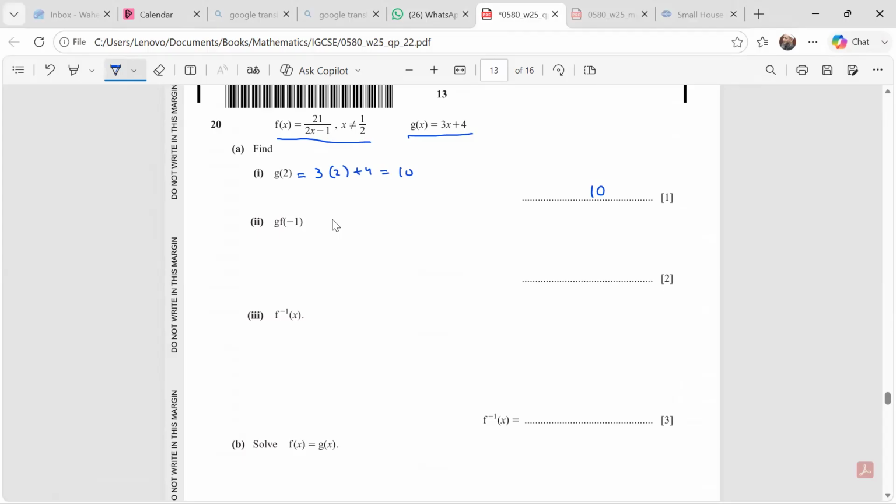Now this is g of f of minus 1. What does it mean? I would write it as f of minus 1, and whatever the answer for this one, we apply the function g on it. The meaning of g as mentioned is this one.